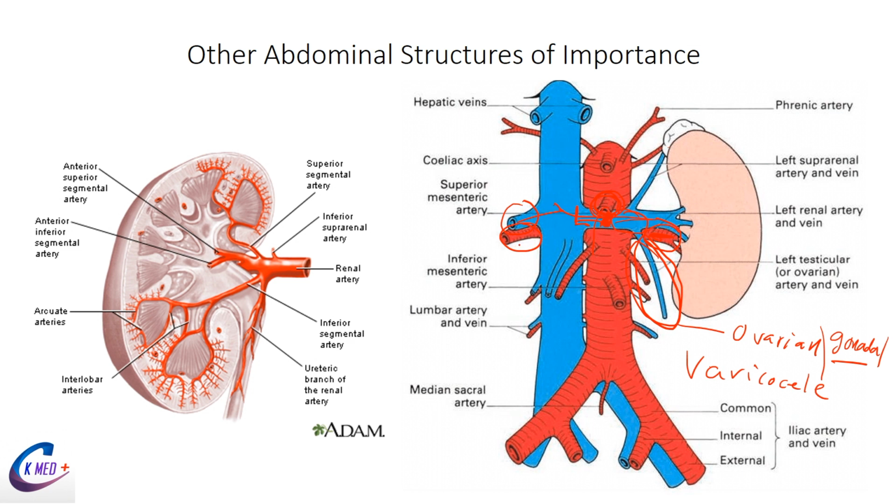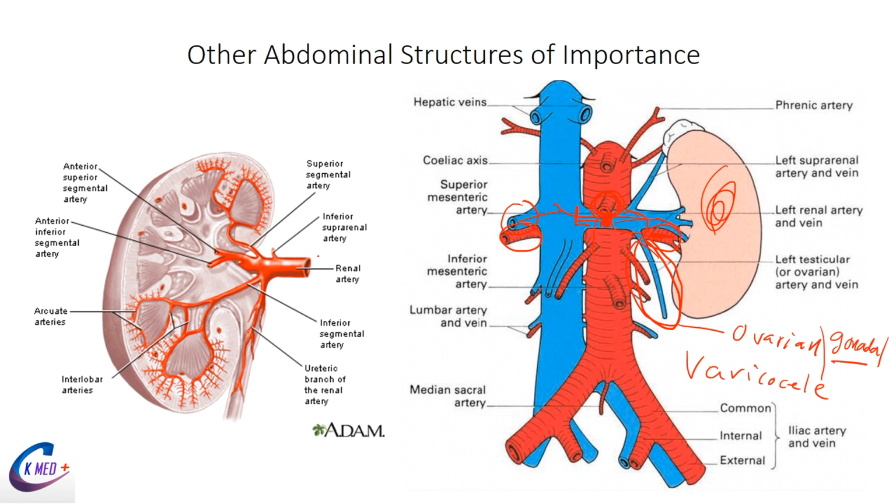Flank pain just means pain on the sides of your abdomen, sometimes even on the back side of your abdomen. Those are cases of kidney stones, for example, or pyelonephritis. All those things will lead to flank pain. You can also have paravertebral pain if it's involving the kidney itself, and we'll be discussing that as well.